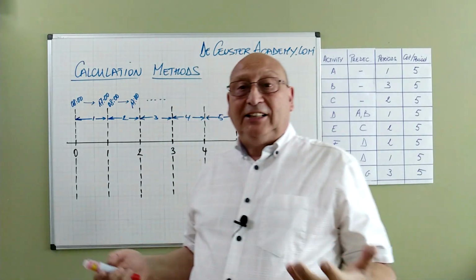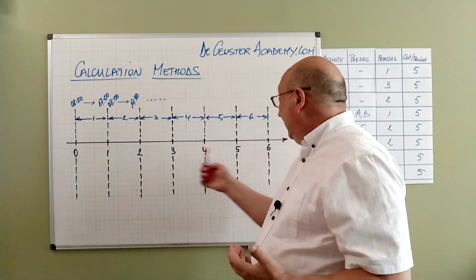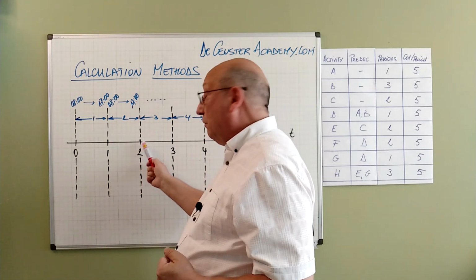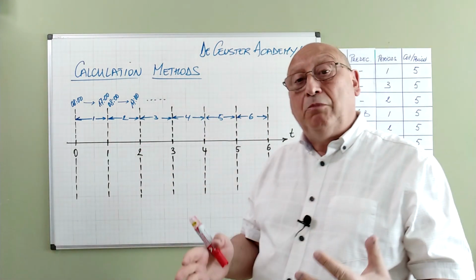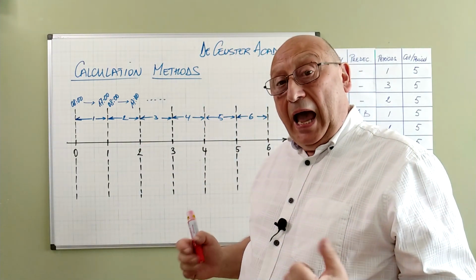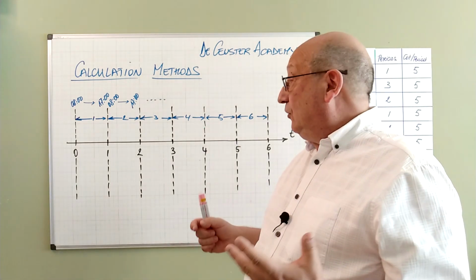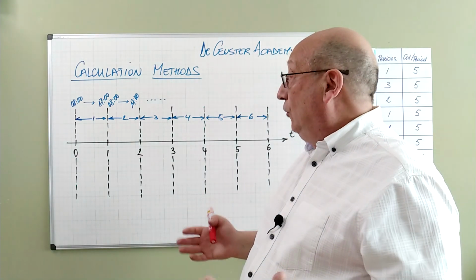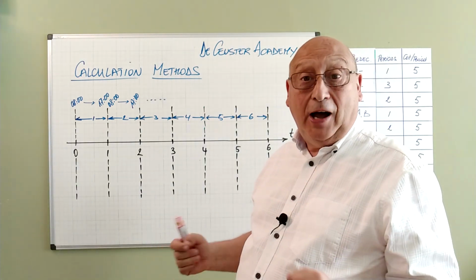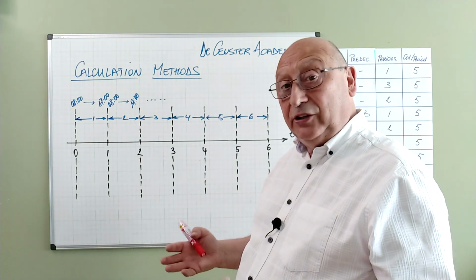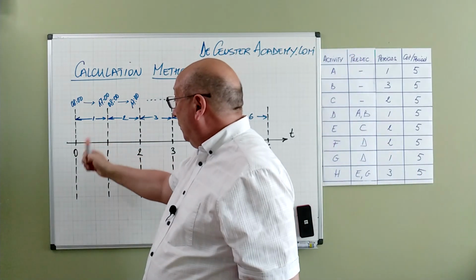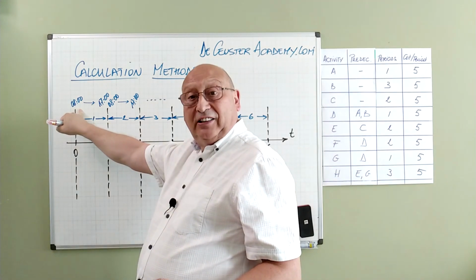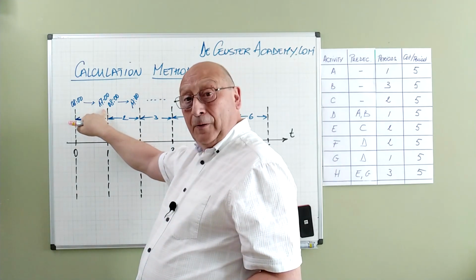Let's look at the axis, the time axis, the coordinate axis. Now the moment 0, the moment 1, the moment 2, these are fixed moments in time. And when we start calculating from 0, 1, 2, 3, 4 and so on, we know that the first day, for example, if we take as a period a day, is period 1, which is between 0 and 1, because the day starts at 8 o'clock till 5 o'clock.